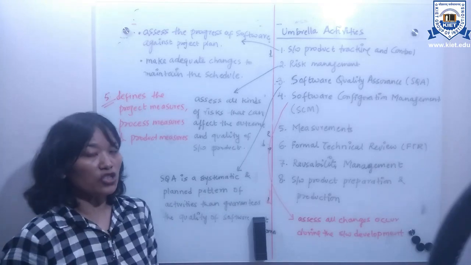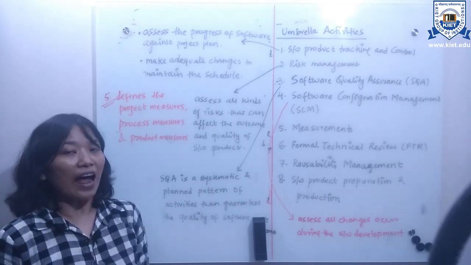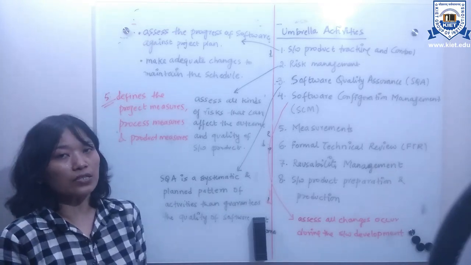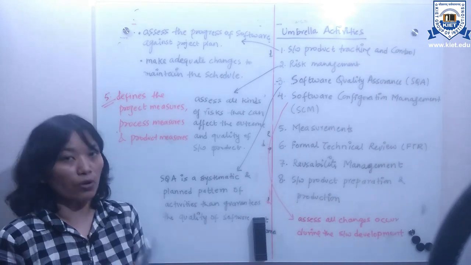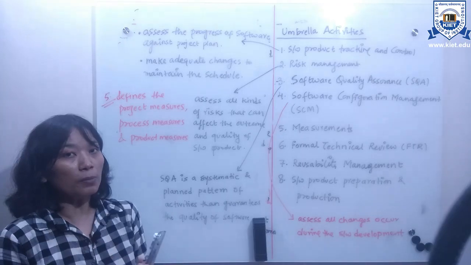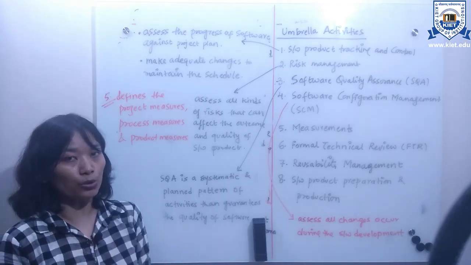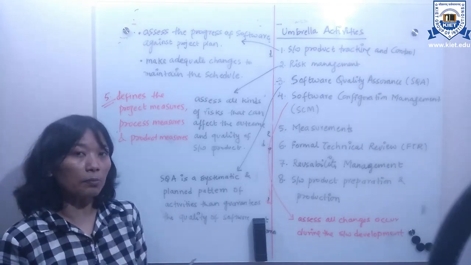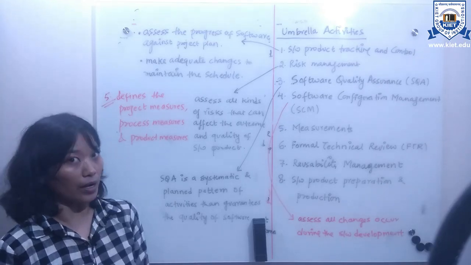Under the measurement activity, it defines and assesses all the product measures, process measures, and project measures. Measurements can be categorized into two: direct measures and indirect measures.